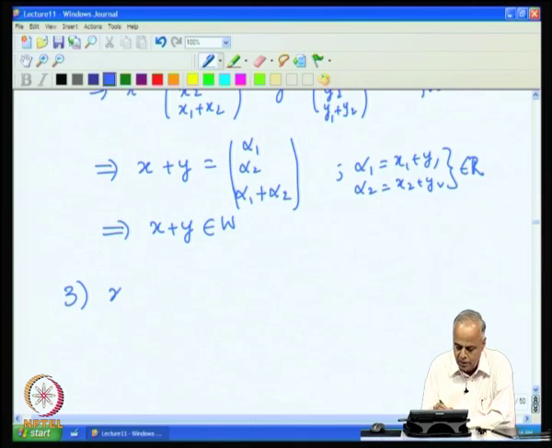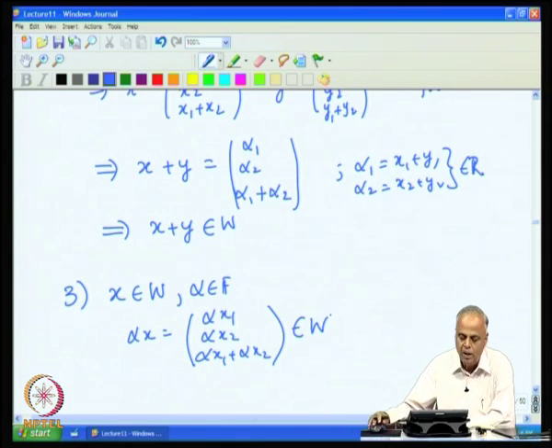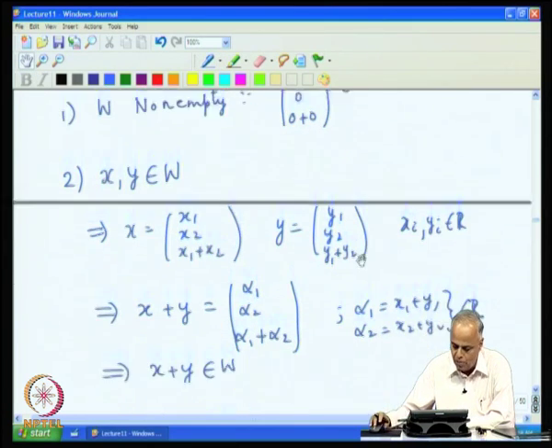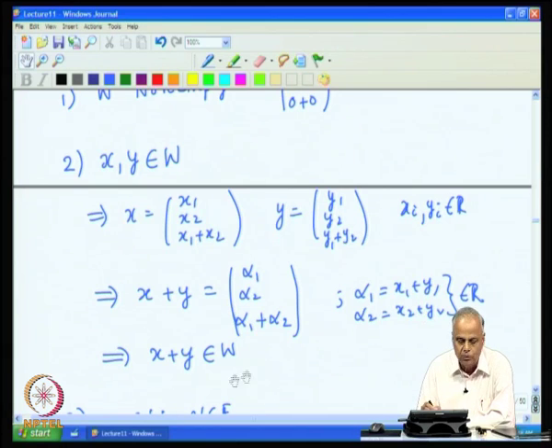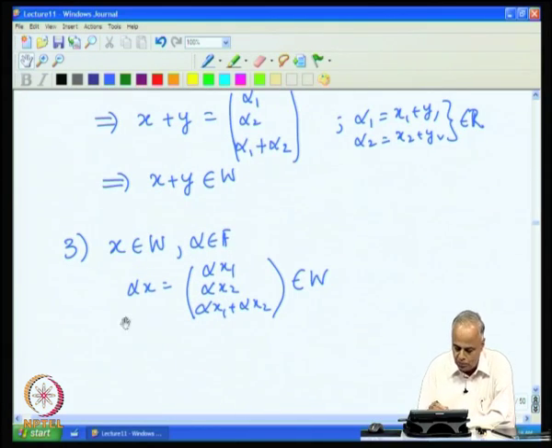Analogously, if x is in W and alpha is in F, alpha x will be the vector (alpha x1, alpha x2, alpha x1 plus alpha x2), which is again in W. Therefore, the first condition says W is non-empty, the second shows that W is closed under addition, and the third shows that W is closed under scalar multiplication.